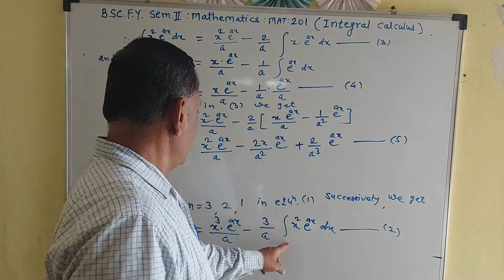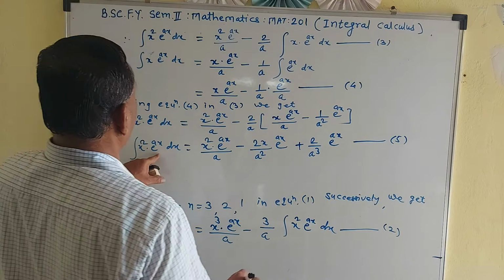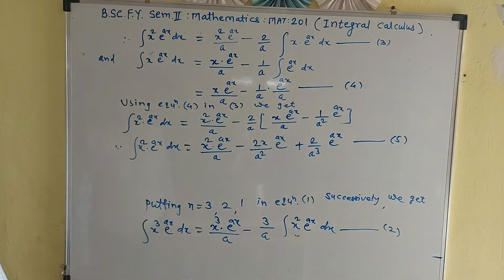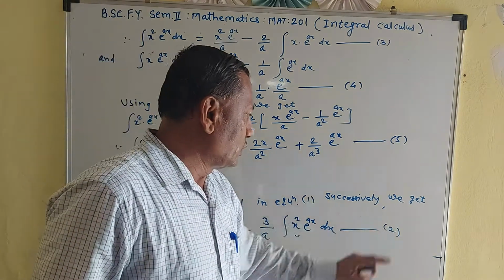So you substitute the value of the integral of x² e^(ax) here, which means you use equation 5 in 2.